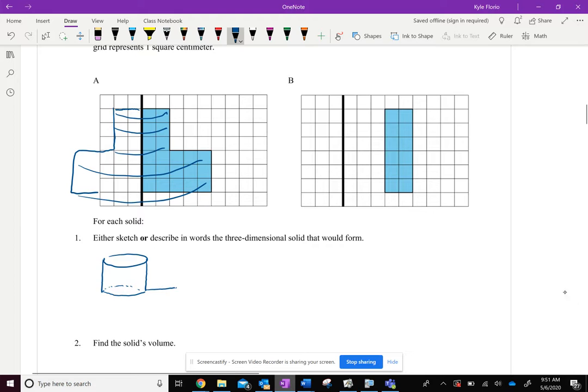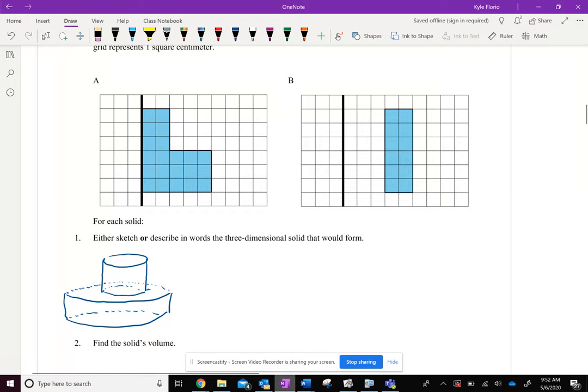Then there's going to be another bigger cylinder on the bottom. That's going to look like this. It's going to look like you have two cylinders on top of each other.